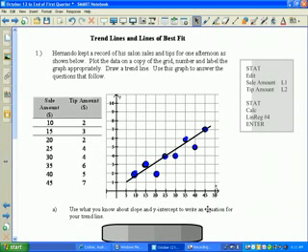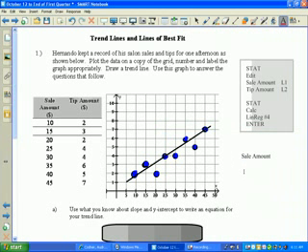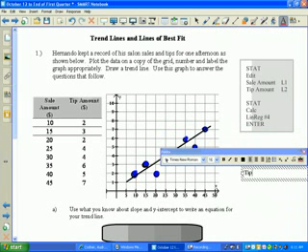So after we do that, we need to label our graph. What will be the x-axis is going to be the sales amount, and what will be your y-axis is going to be your tip amount.